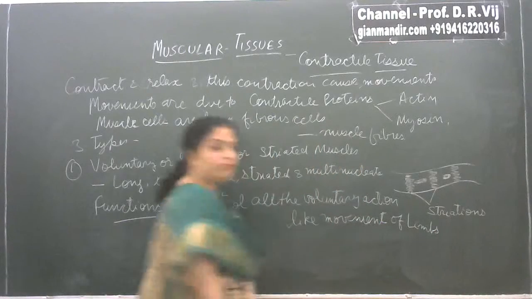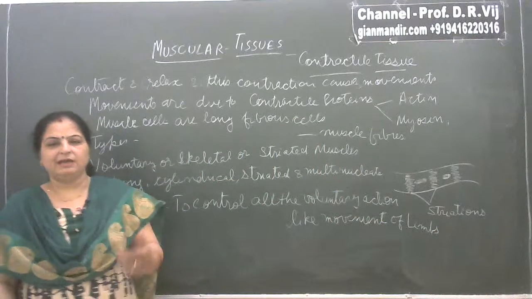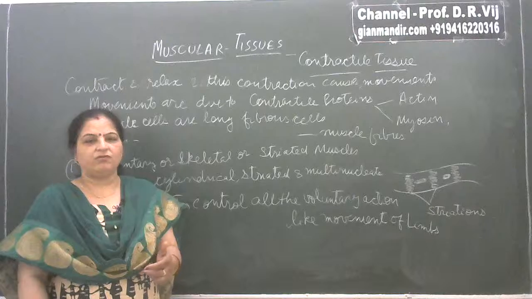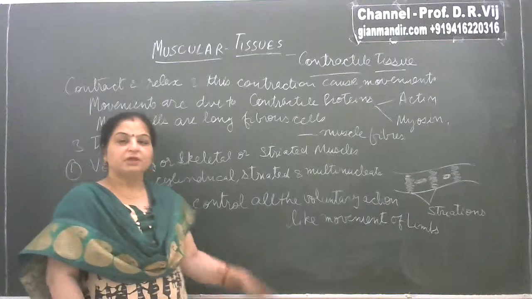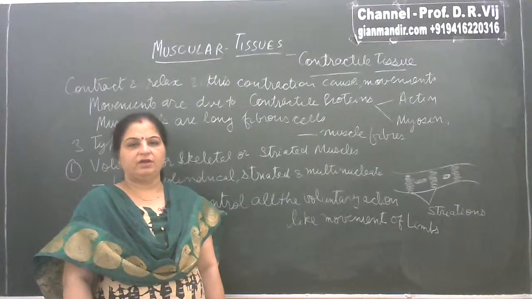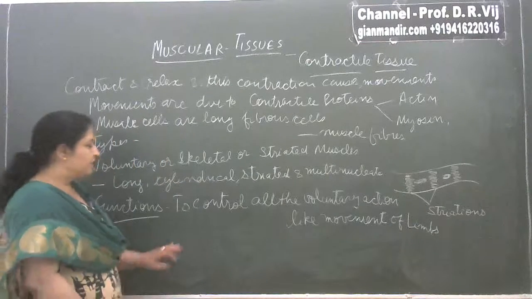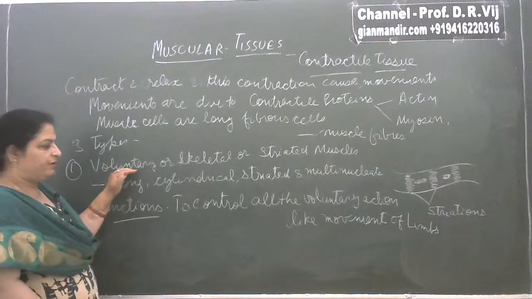We are capable of moving our limbs, our hands and legs, at will. In that case, they are voluntary muscles. That's why these are also known as voluntary muscles.